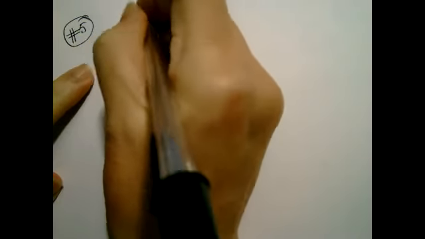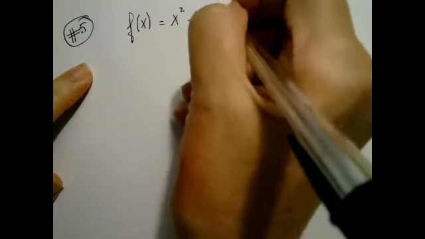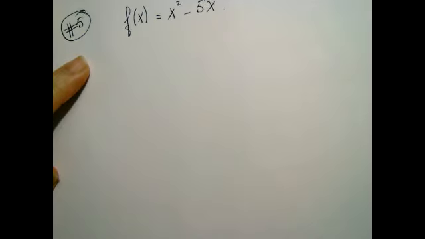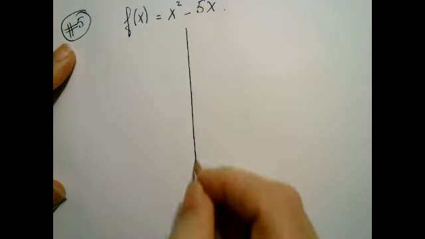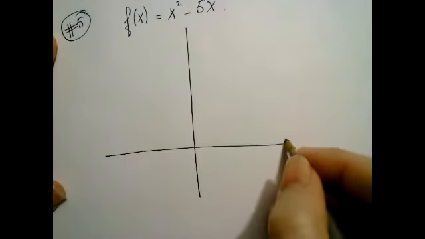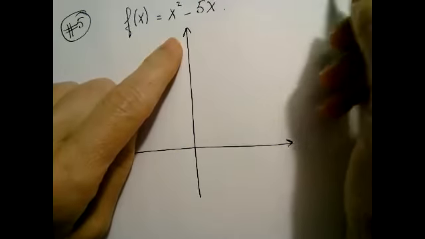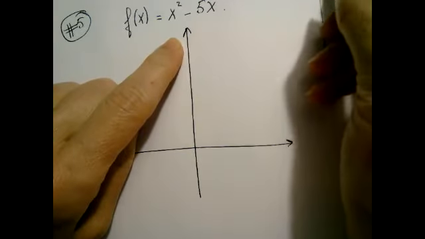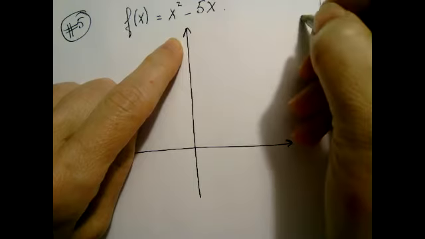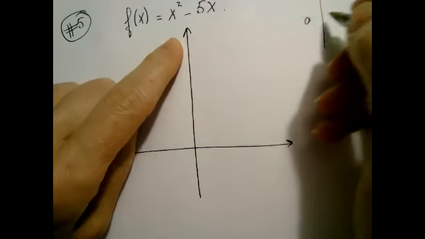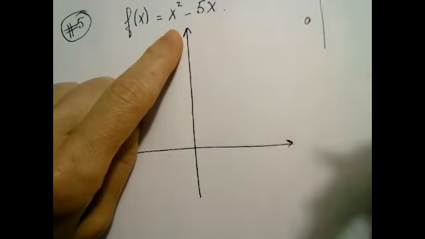Okay, what it is. So I have a function, and I gave you the rule. It's x squared minus 5x. And then I gave you the graph. What does the graph mean? It means I put x, find f of x for different values, and we connect points.